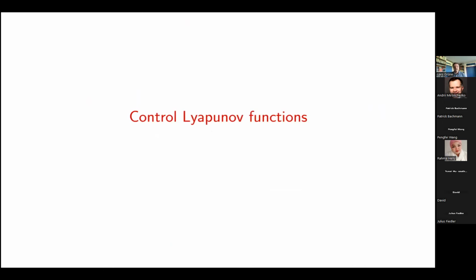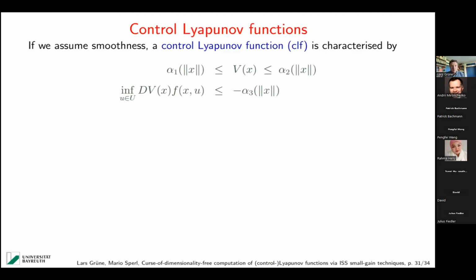Okay. Now, as I said, control Lyapunov function is merely a small appendix to everything because things are so similar and we do not need to really change a lot. What changes here is that we do not want this derivative in direction of f, so the derivative along the solution, to be negative for all u.